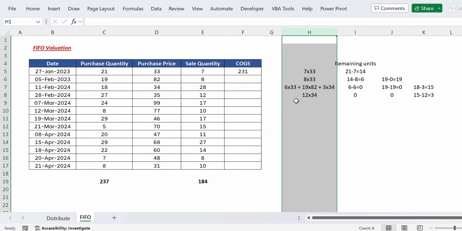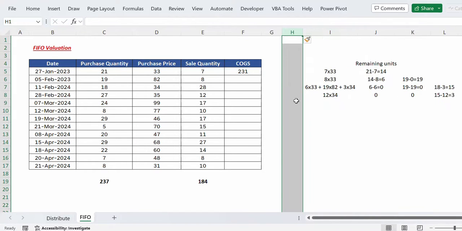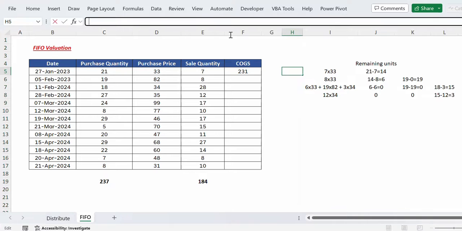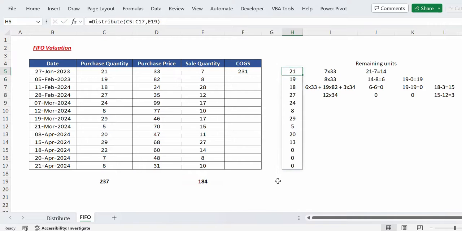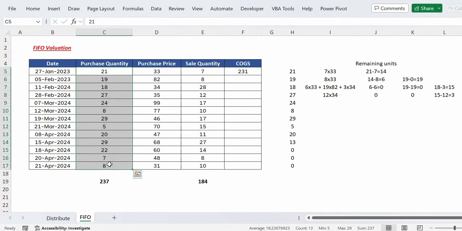So let's do that. Let's insert a column here, and we are going to use that distribute function here, right? This will be the array of purchase quantity, comma, this is going to be our initial balance, the total quantity that we sold. Let's press enter, and what we are doing, we are just distributing this 184 amongst these purchase quantities.